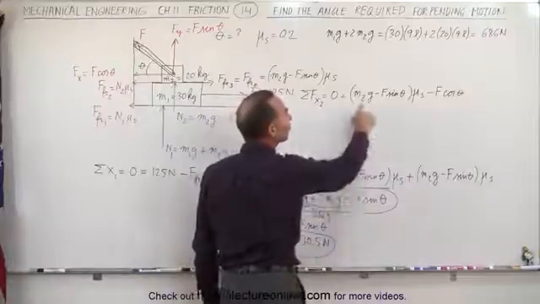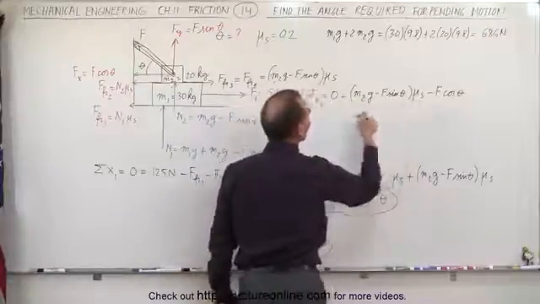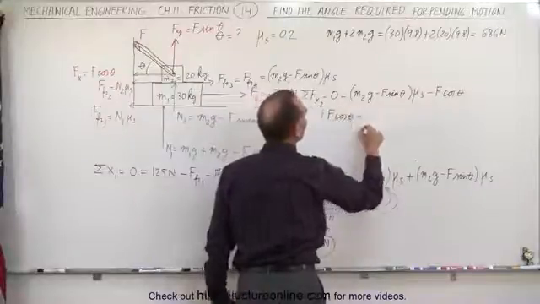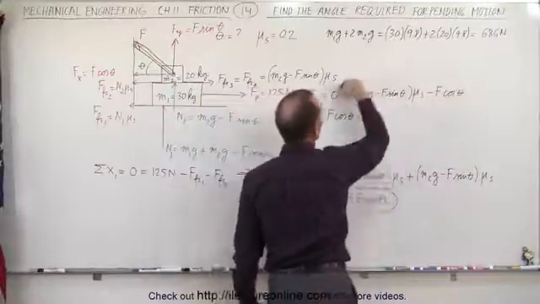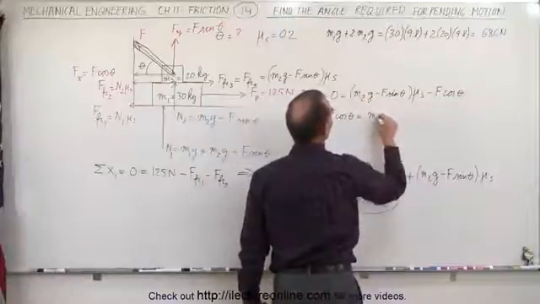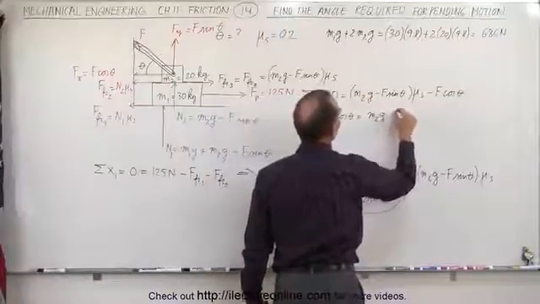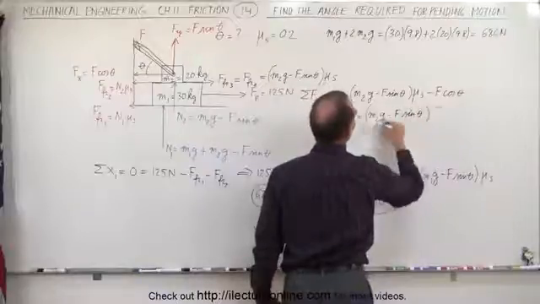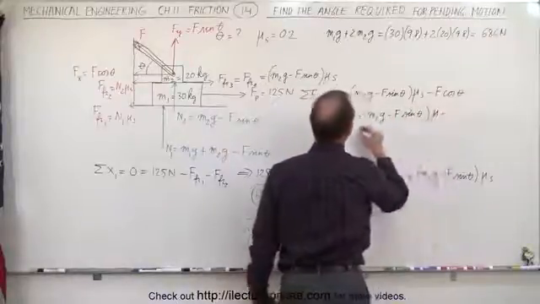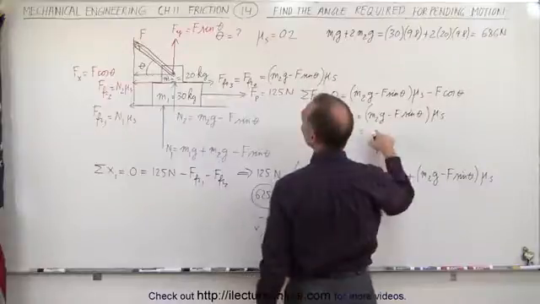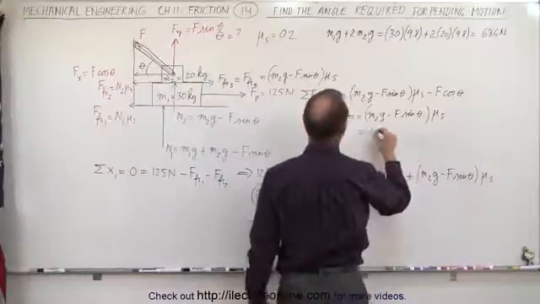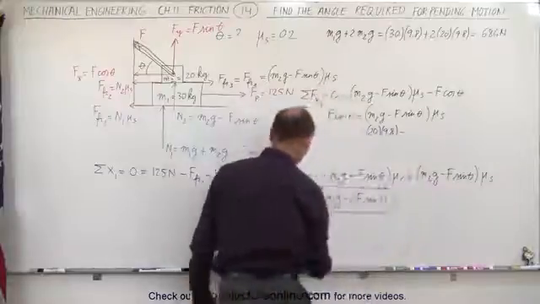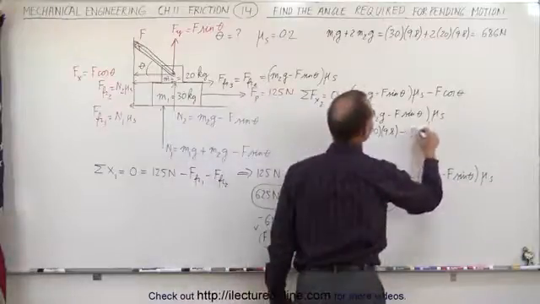I know what m2g is, I know what mu sub s is, which means that f cosine theta is equal to, when I bring this across, it becomes positive, m2g minus f sine theta times mu sub s, which means that this is equal to m2g, which is 20 times 9.8 minus 30.5.